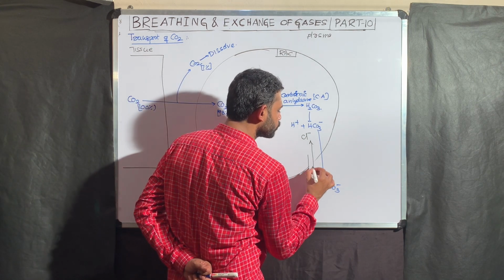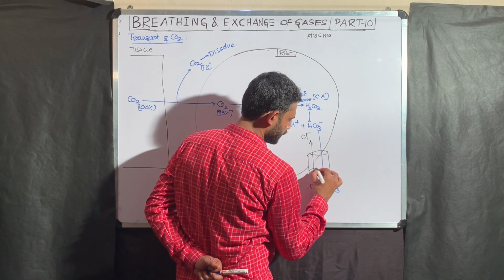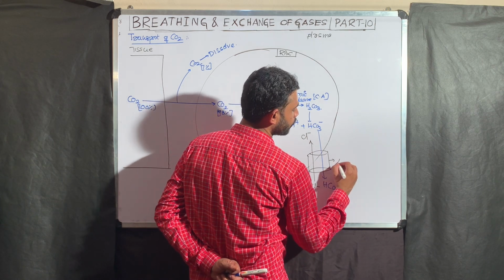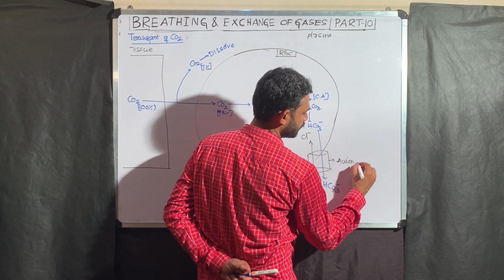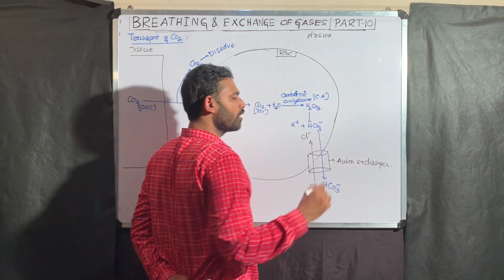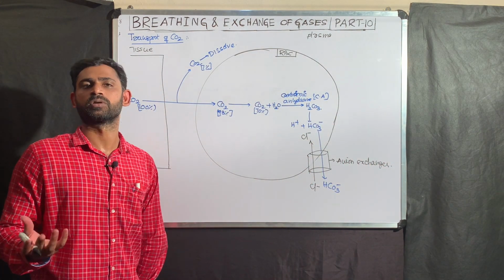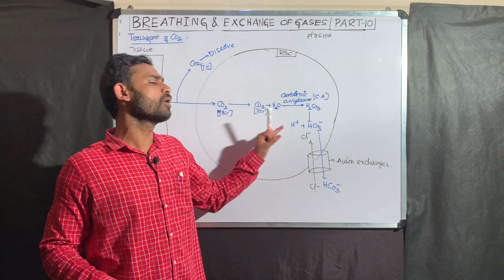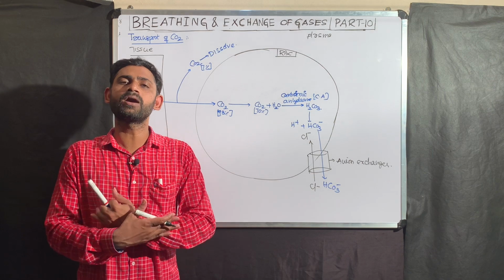Definitely it will occur through a transporter. This transporter is called the chloride bicarbonate anion exchanger. This is definitely antiport. One anion is coming out, one anion is going in. Antiport, moving in the opposite direction.